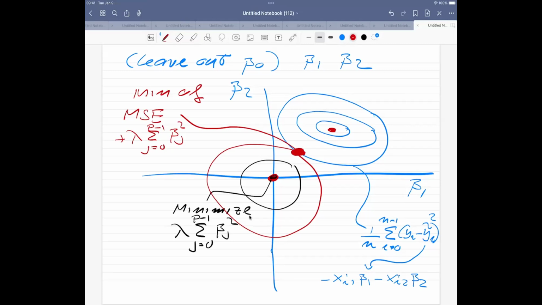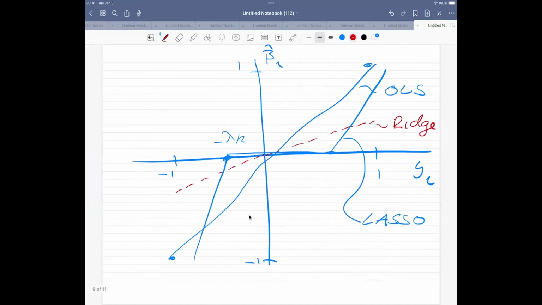If you increase this value lambda, then the parameters beta 1 and beta 2, if you go back to the expressions which we had here, will become smaller and smaller and closer to 0.